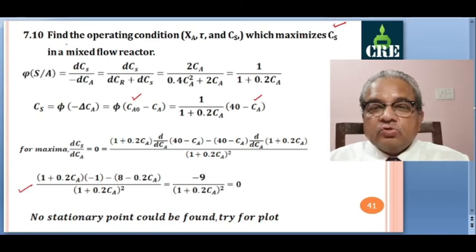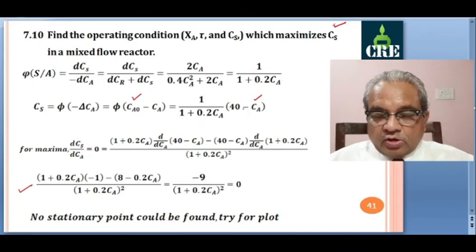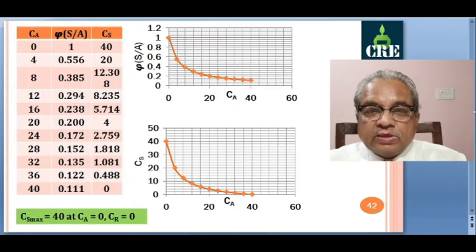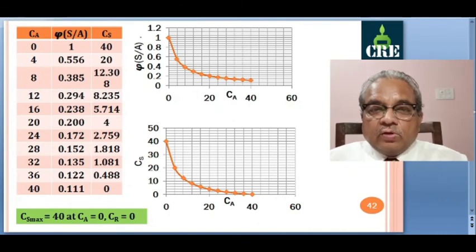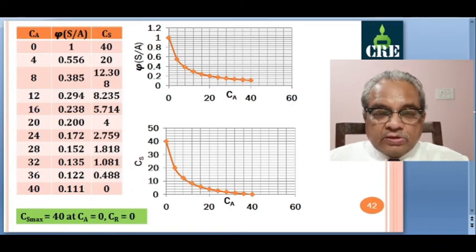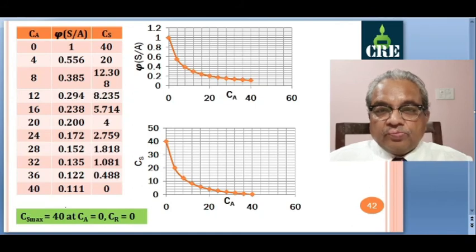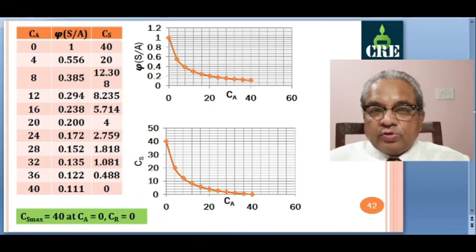Okay, and CS you can find out with this equation, this multiplied by CA minus 40 minus CA. So this has been tabulated. We are plotting instantaneous yield as a function of this. Okay, so here this CS maximum is at CA equal to 0 and CR also equal to 0. So here this is maximum.